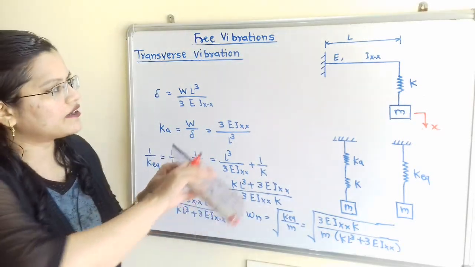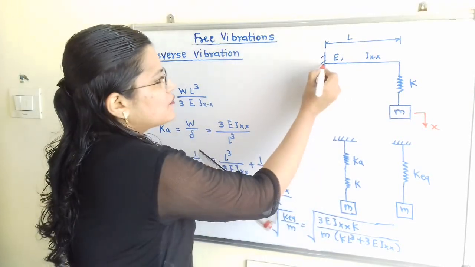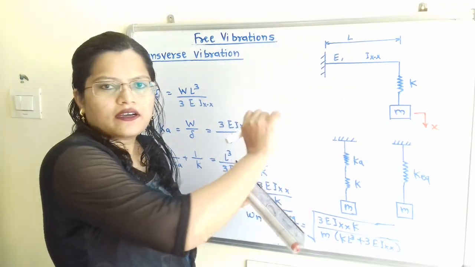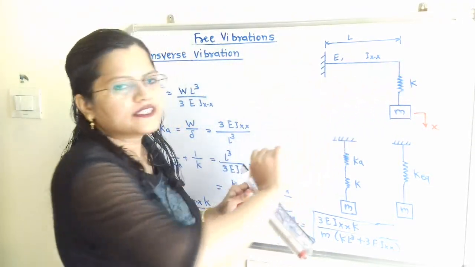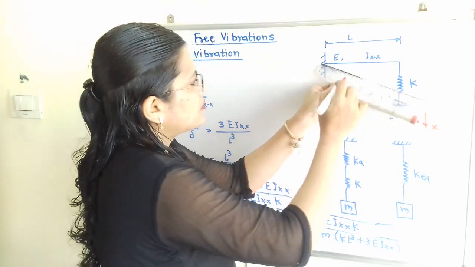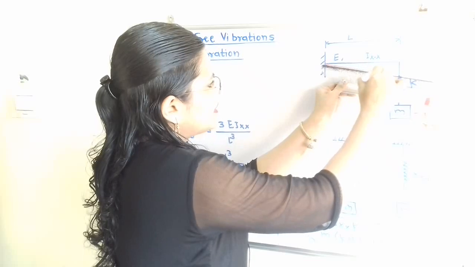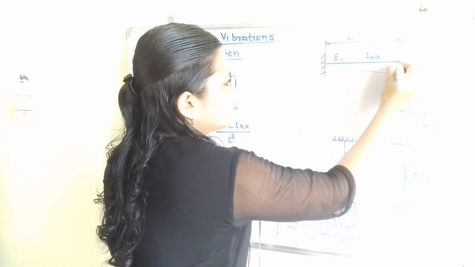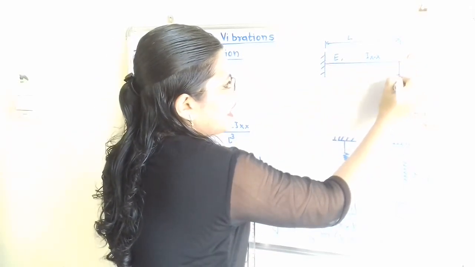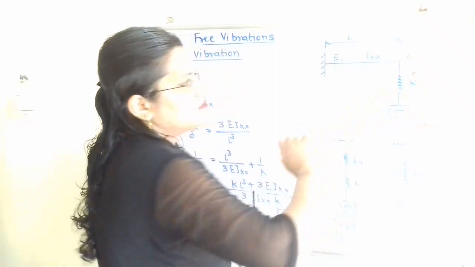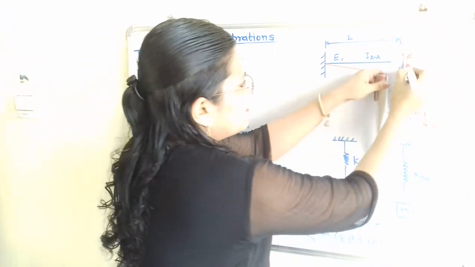We will show this deflection delta, as one end is fixed and the other end is free. So we show this fixed end as it is and connect here. This is the initial position, that is point A, and here is the final position, point A dash, and this deflection delta we have to show here.